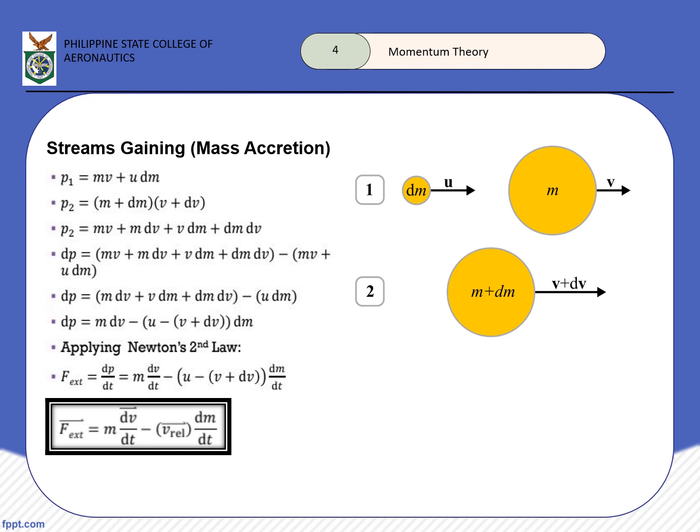Note that u minus v is the velocity of dm relative to m. This is symbolized again as vrel. This final equation can be arranged as you may see dun sa ating final equation right there. Again, this would just be pretty much a recall for you.